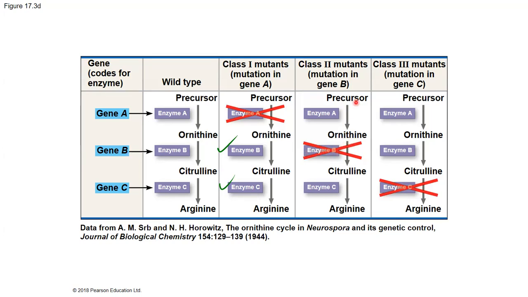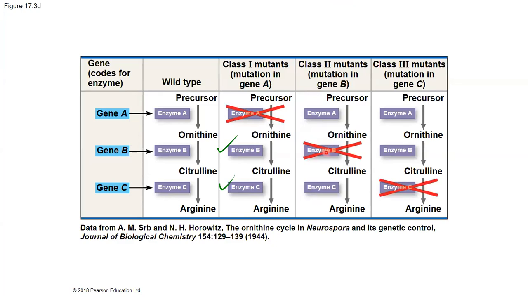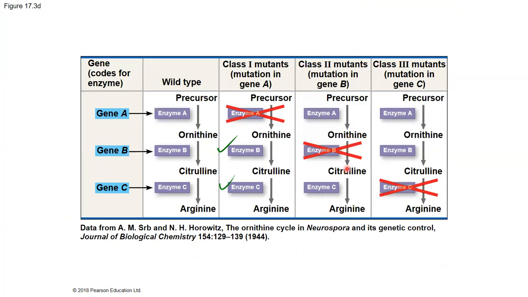So if you give them ornithine, like here, they will not grow simply because there is no enzyme inside this class of mutants that can change ornithine into citrulline. But if you give them citrulline, they will be able to grow, because enzyme C and enzyme A are normal, and they are functional, or active. That's why if you give them citrulline or arginine, they will be able to grow.